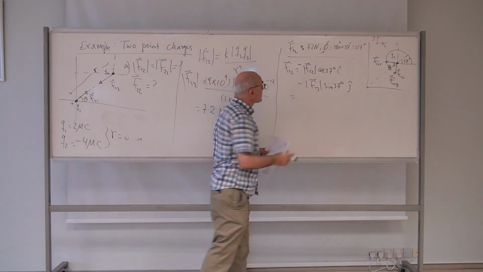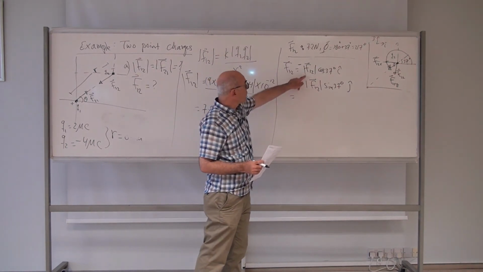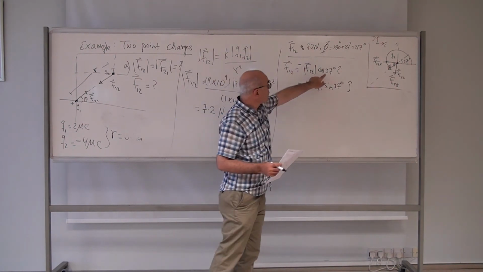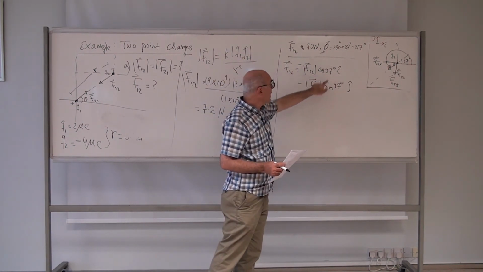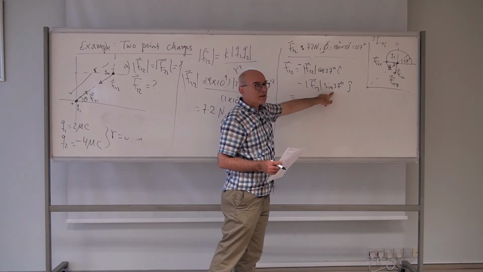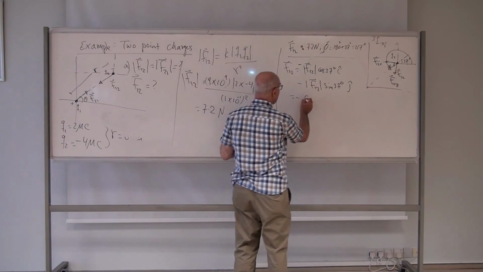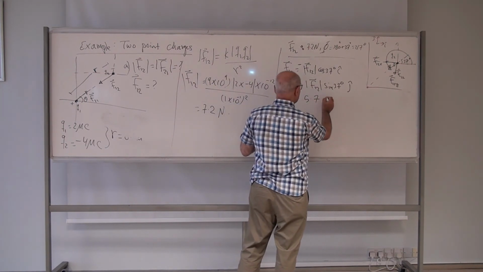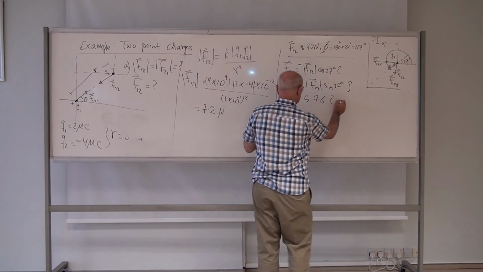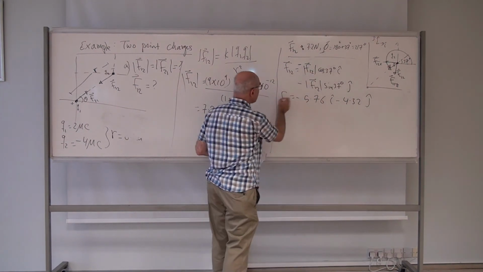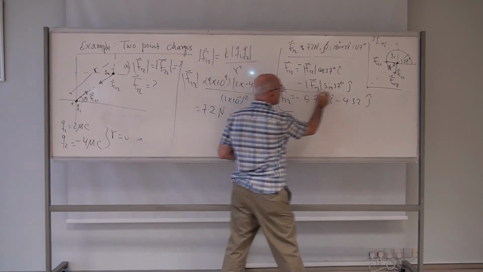Now, what remains is to substitute 7.2 for F12, 0.8 for cosine 37 degrees, and 0.6 for sine 37 degrees, and the result in this case will be minus 5.76 i hat minus 4.32 j hat. So this is F12.